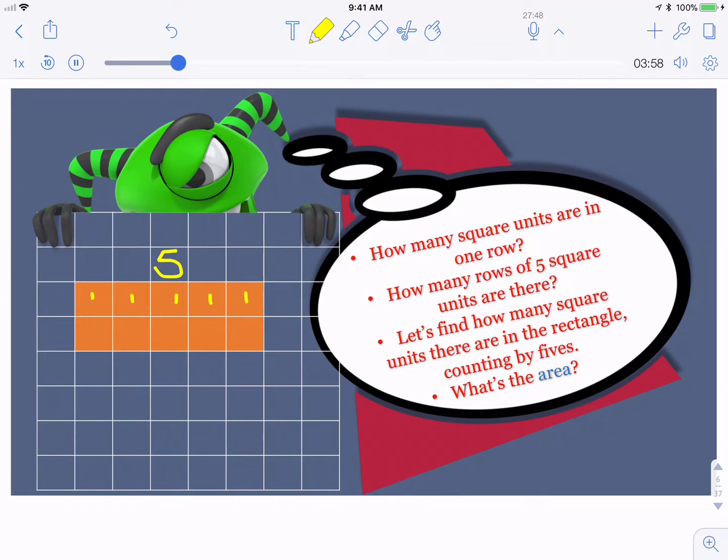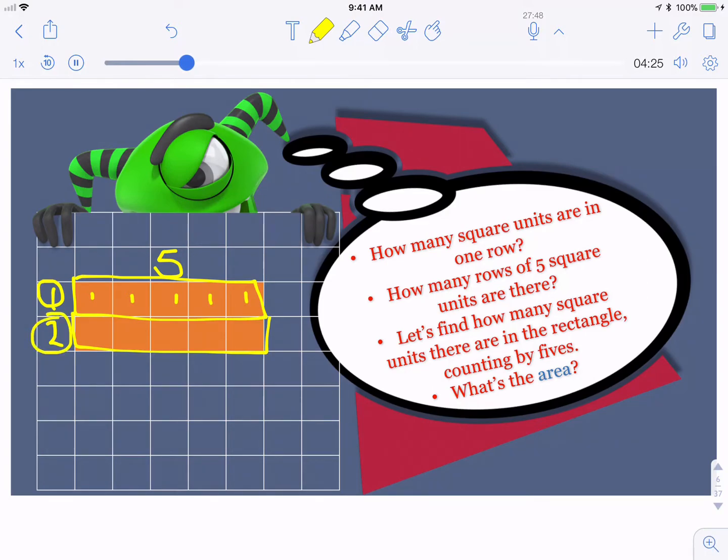And how many rows of 5 square units are there? Well, I see row 1, I see row 2. So there's 2 rows with 5 square units in them. So let's find out how many square units there are in the rectangle, counting by 5s. 5, 10.